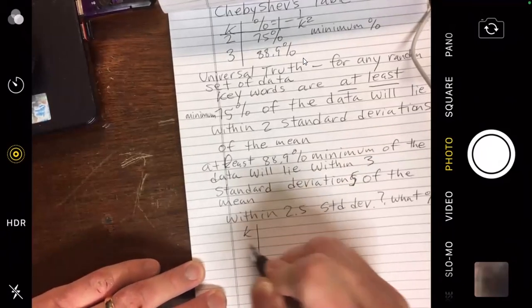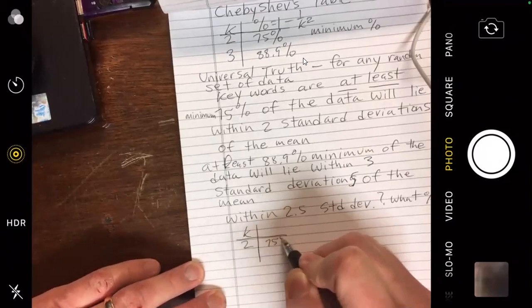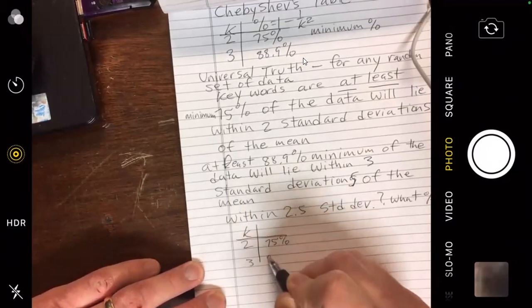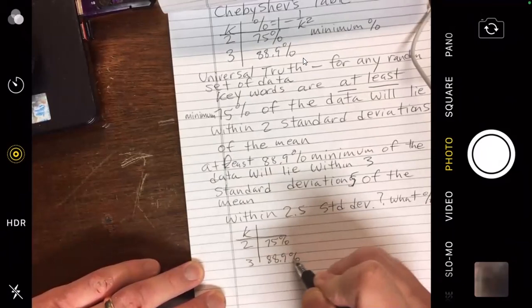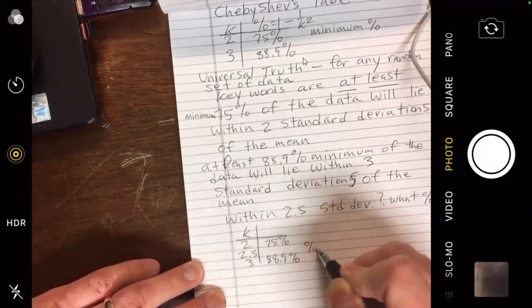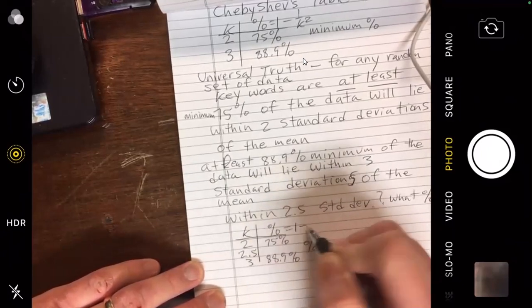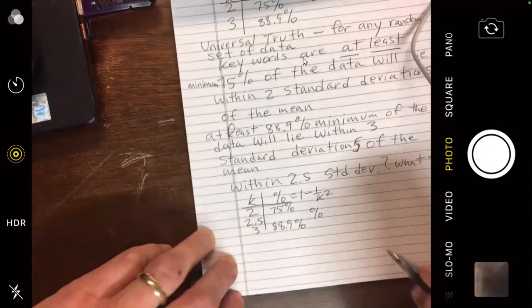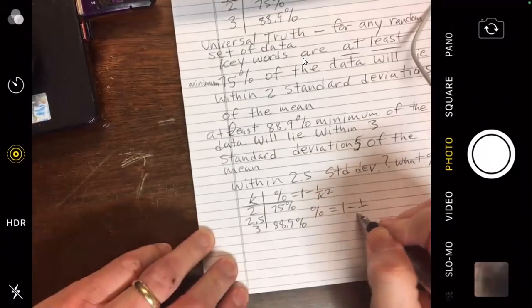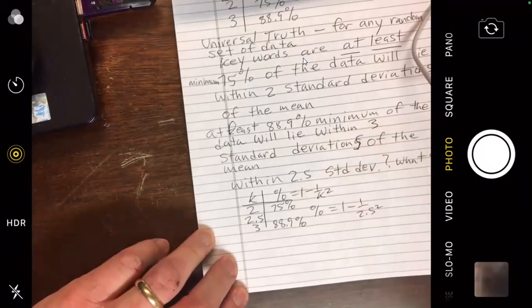So again, you have 2 is 75%, 3 at 88.9%. You can see 2.5 would lie here. Your percentage formula, 1 minus 1 over k squared, 1 minus 1 over 2.5 squared.